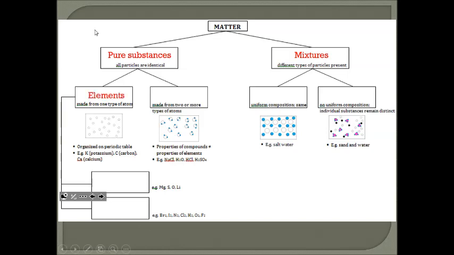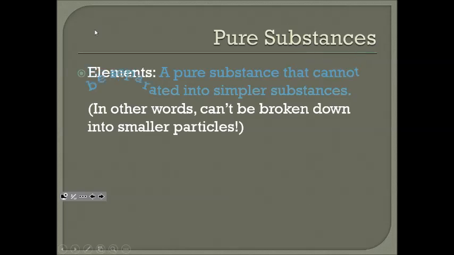Elements made up of one type of atom. Okay, that's the one possibility of pure substance. The other one we'll get to in a minute. Pure substance that cannot be separated into simpler substances. In other words, it can't be broken down into smaller particles without changing the identity of that particular element.